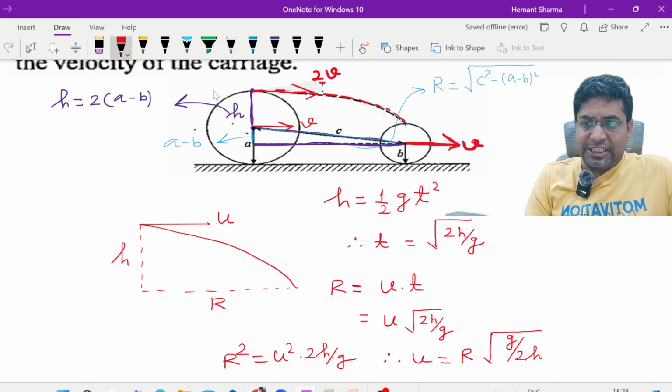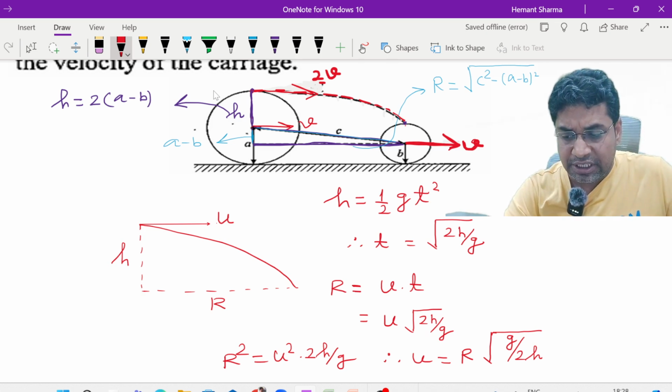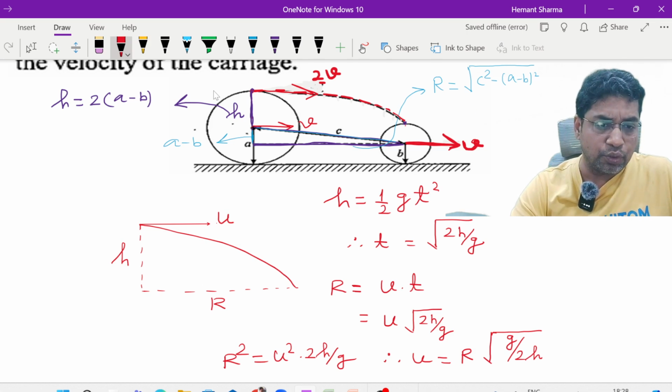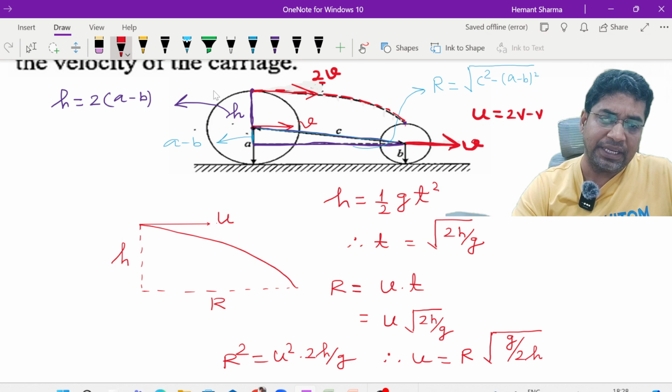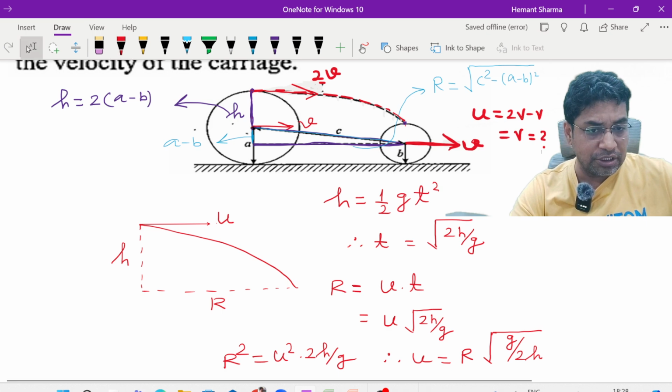So the speed with which this dust particle is moving with respect to the front wheel, what we have called u, this u is nothing but 2v minus v, which is v itself, which is to be calculated in this particular question. Now put all these values over here.